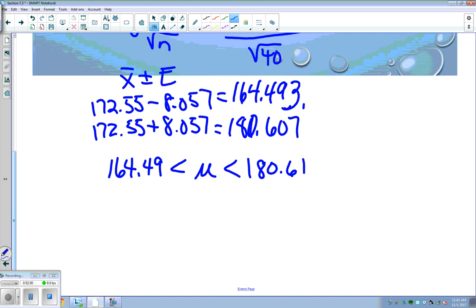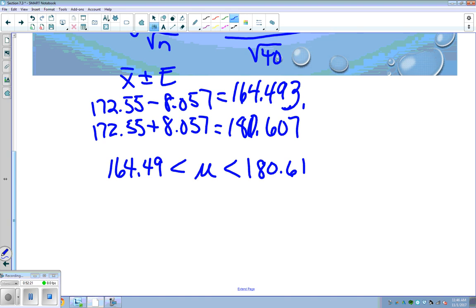The mean is higher than that, probably between 164 and 180. Yes, 166 is in here, but it's at the downward side, isn't it?